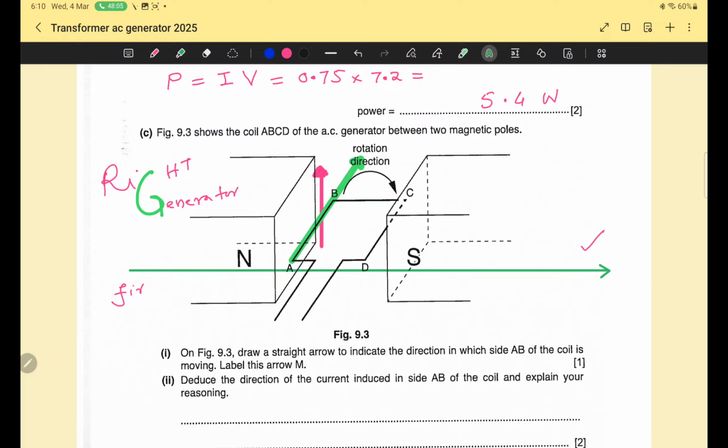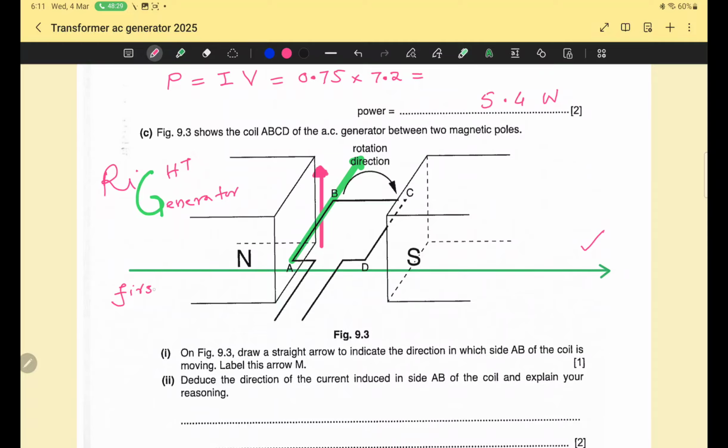The right hand rule is also known as the generator rule. In a generator, you have to apply the right hand rule, and for force, the left hand rule. Right now we are studying the generator, so I am applying the right hand rule.